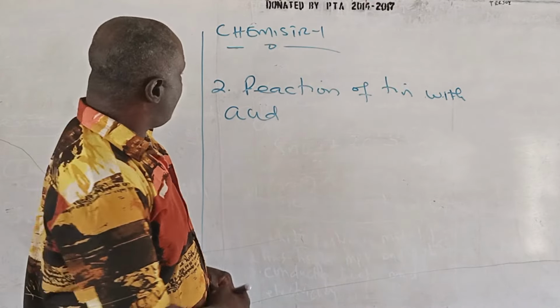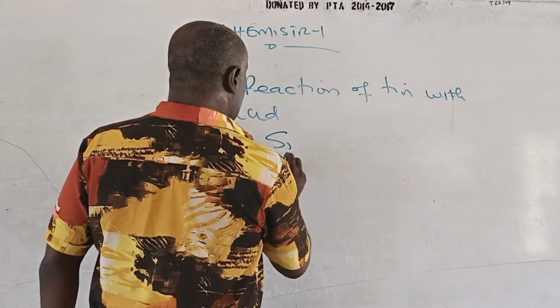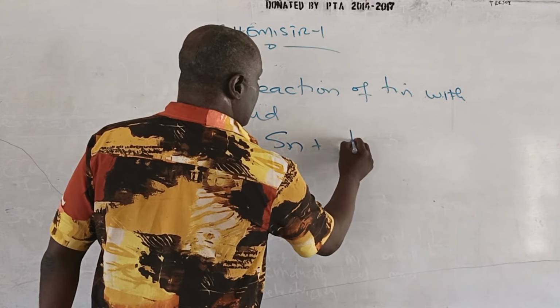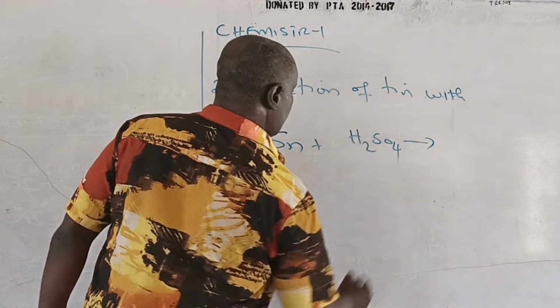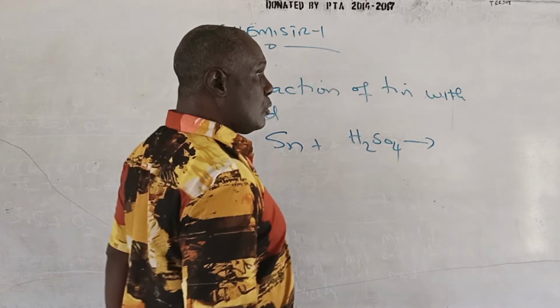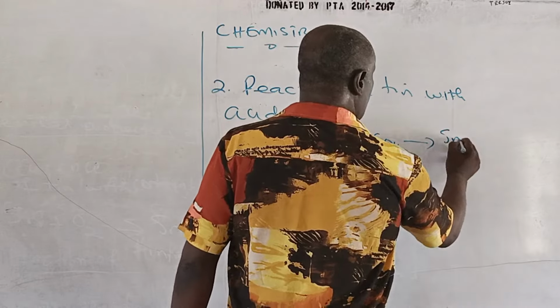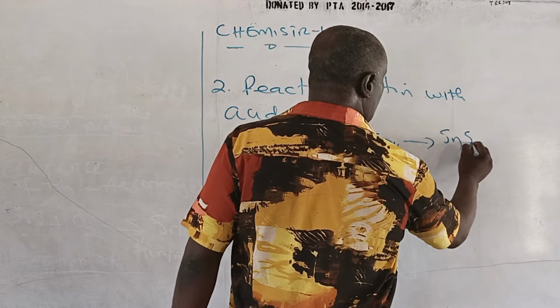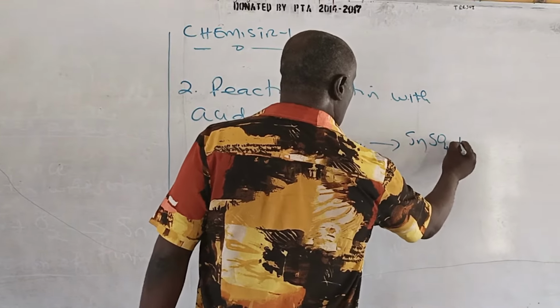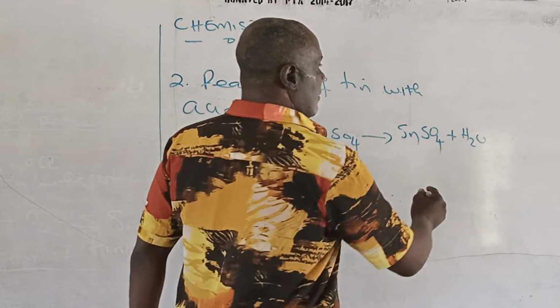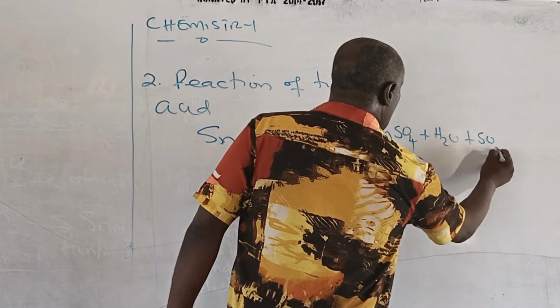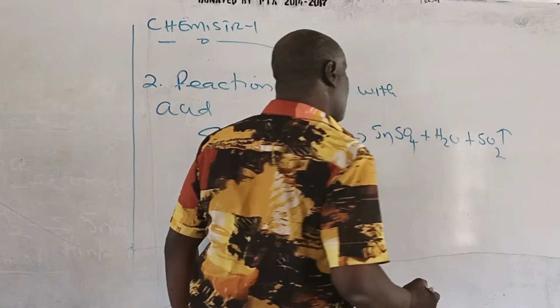For instance, tin combines with tetraoxosulfate 6 acid to produce tin tetraoxosulfate 6 plus water and sulfur peroxide, which is liberated into the atmosphere.